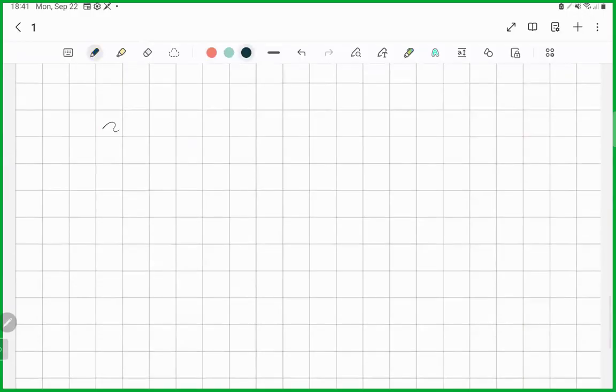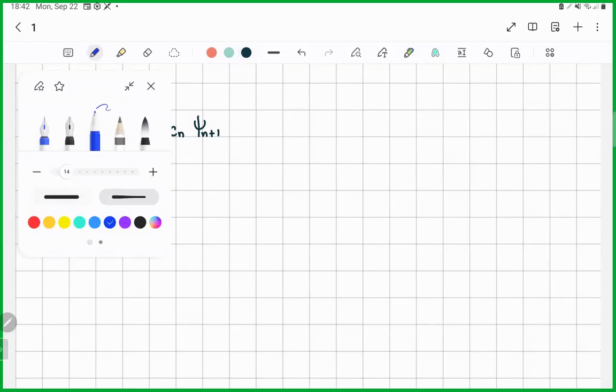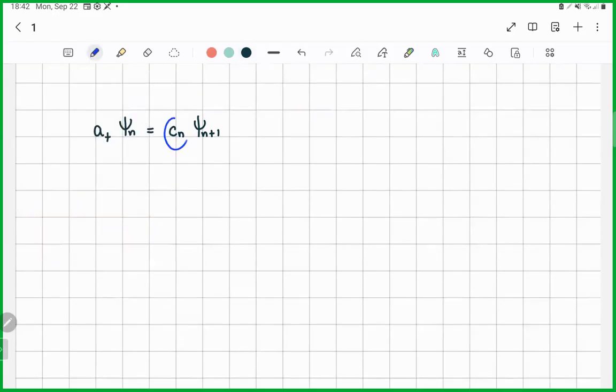What we want to find is, if we act with this raising operator on psi n, we get some constant Cn that will ensure that the psi n plus 1 is normalized. And we are trying to find what is this Cn.